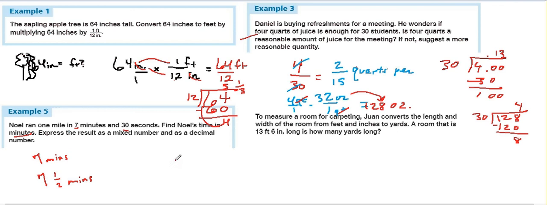60 seconds in 1 minute. And I chose seconds to be on the bottom of my unit multiplier because I want an answer in minutes, and I'm starting with seconds.